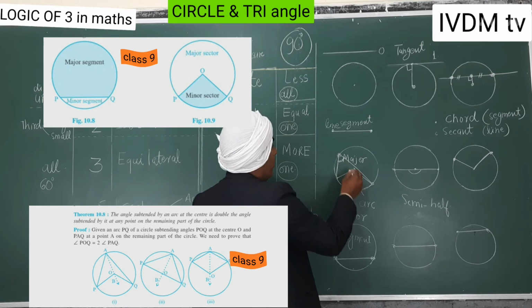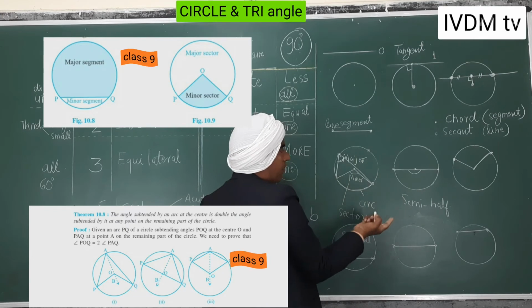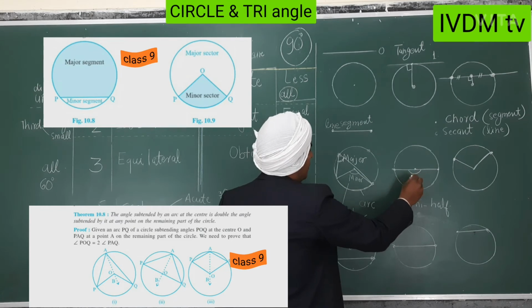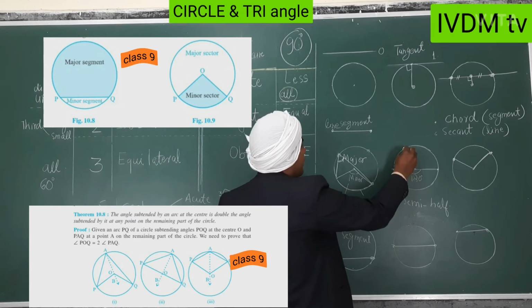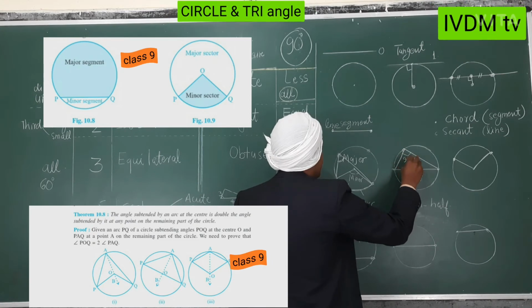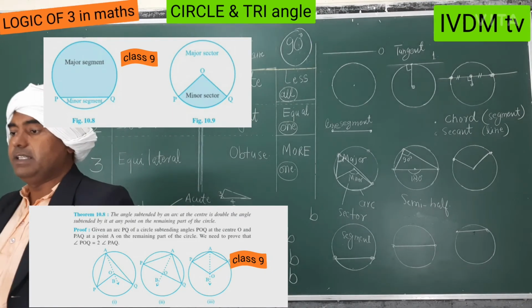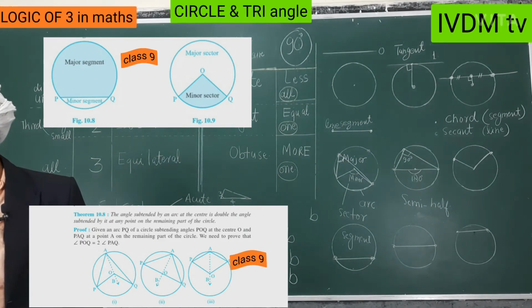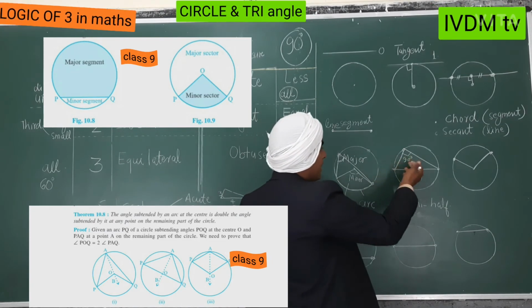And all the angles of this major segment will be equal. So if this is the center, the angle at the center is 180, then if you take any other angle, it will be 90 degrees. So this is the important thing. Exercise theorem 10.8, class 9th, page number 180. So this was the theorem, semicircle 90 degrees.